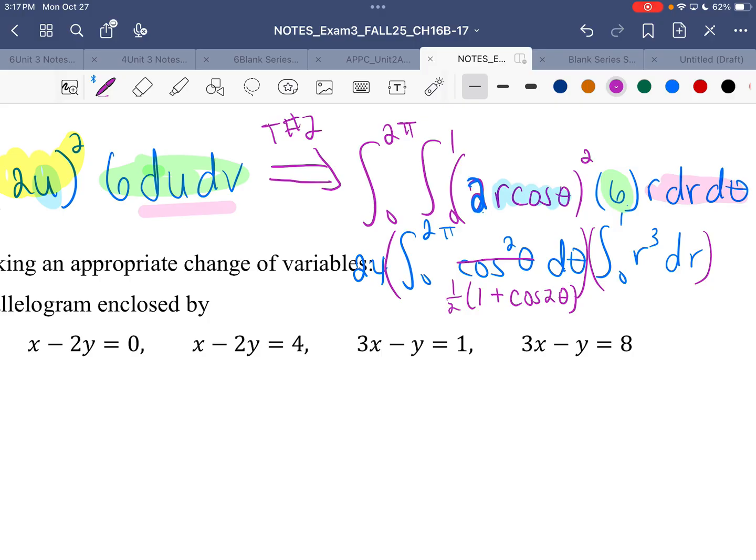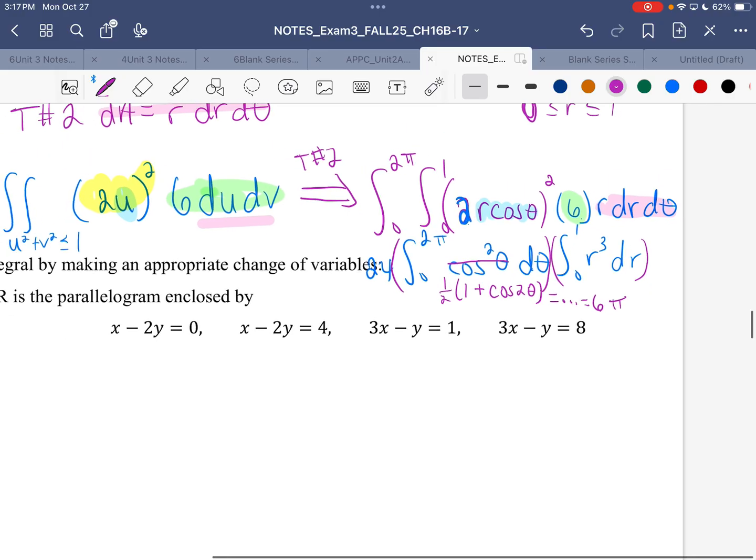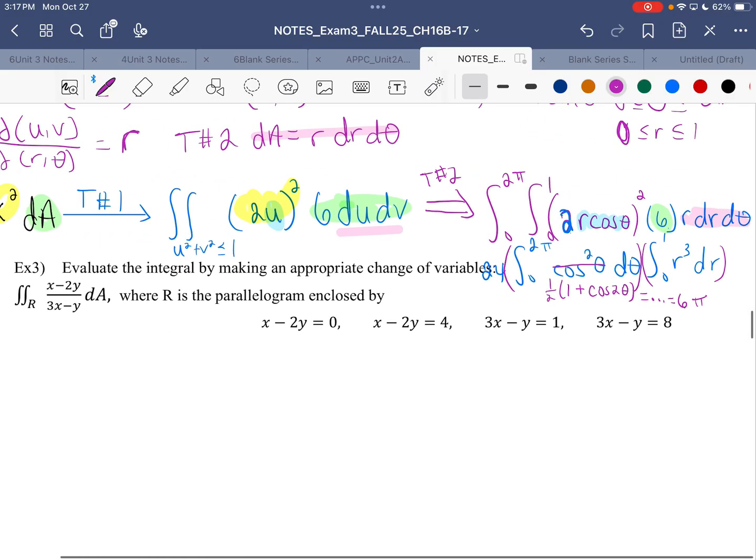Yes. And do a little magic and you get 6 pi. Yay. Equals, dot, dot, dot, equals. This is an adventure for the reader.